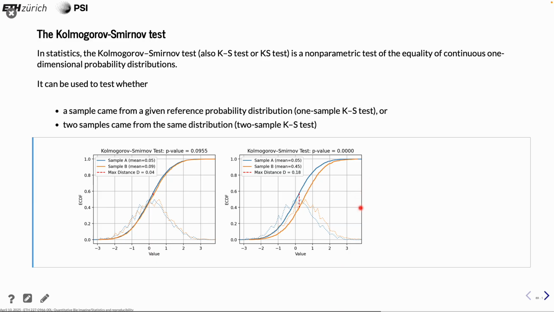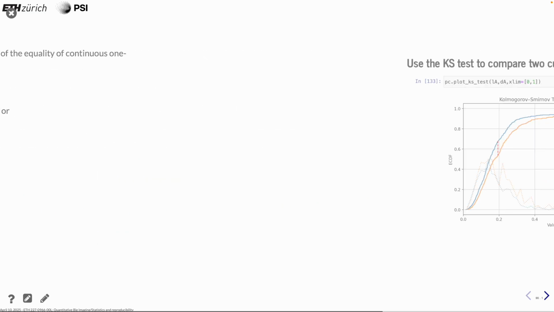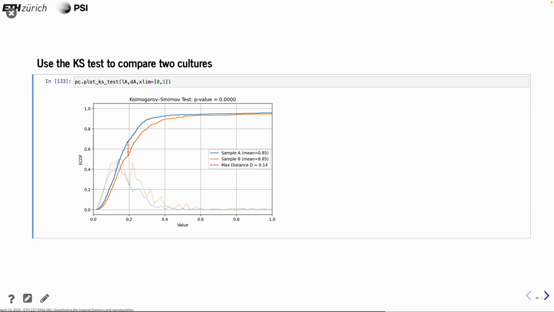And you can also see it in this dotted histogram below, that they are actually shifted away from each other. So let's try this test on our two cultures. And we see, again, we have confirmed that the p-value is also very low for this data set. So this is an alternative to work with.